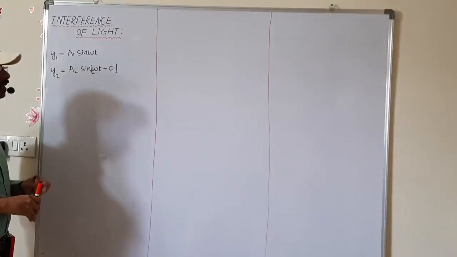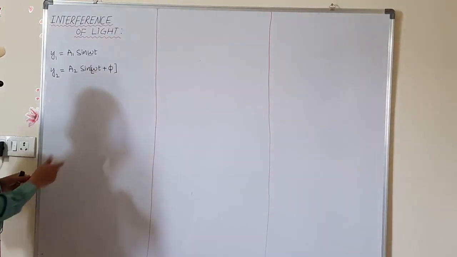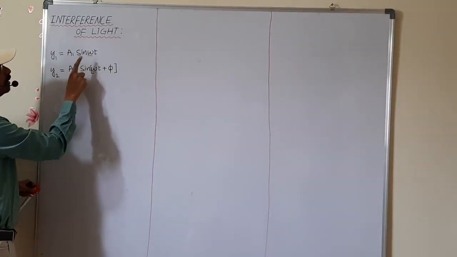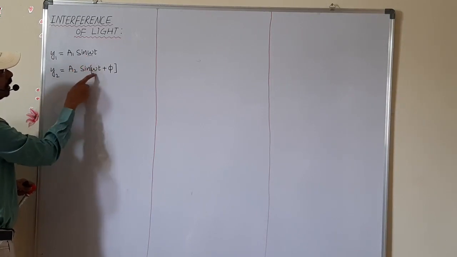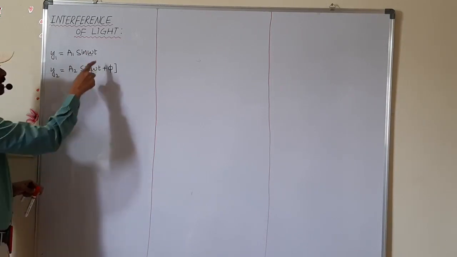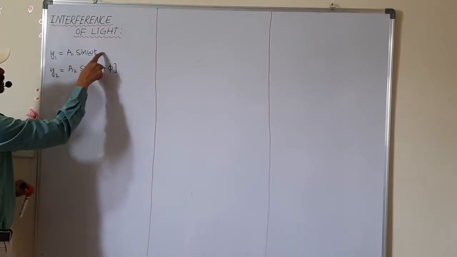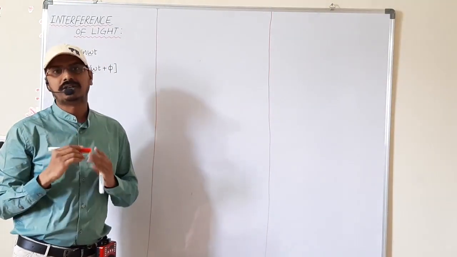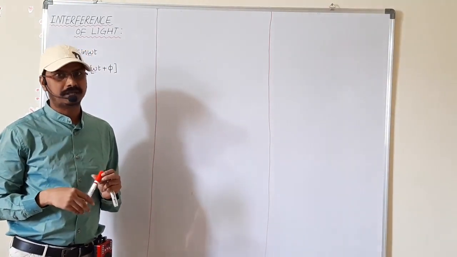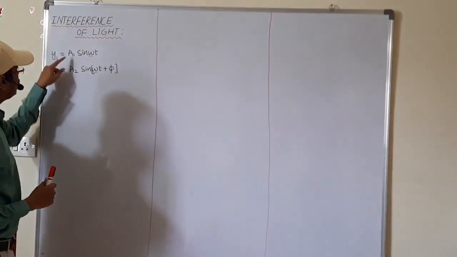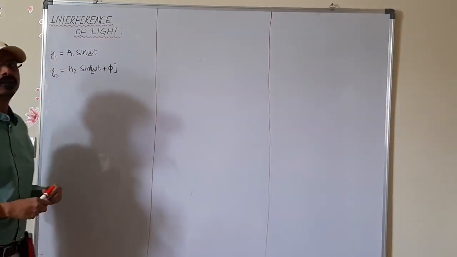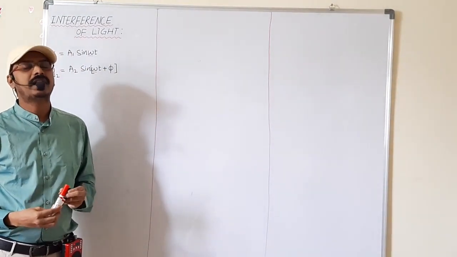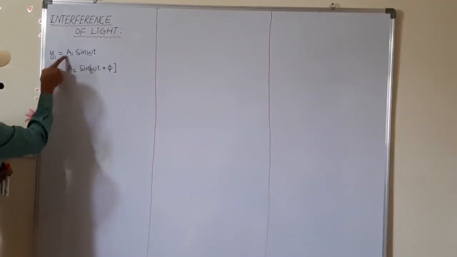This condition is satisfied. Now, if you want to superimpose, what do we have to take? When two light waves of the same frequency and zero initial phase, or constant phase difference, are superimposed on each other, then the resultant amplitude or the resultant intensity in the region of superposition is different from the individual waves.